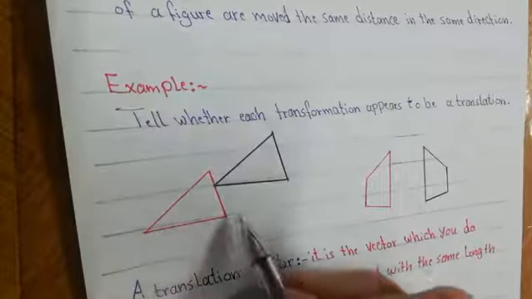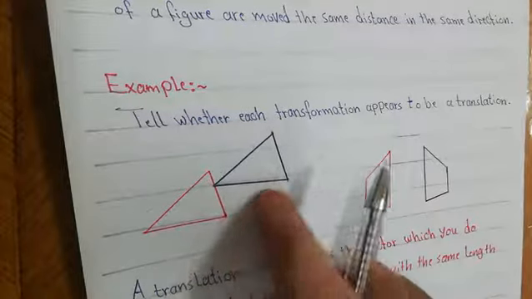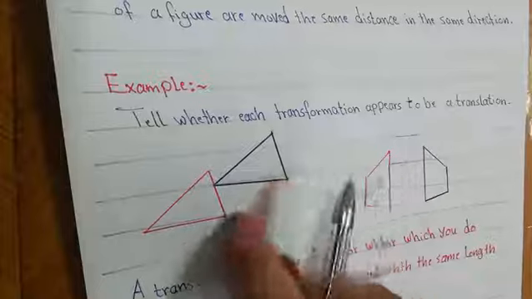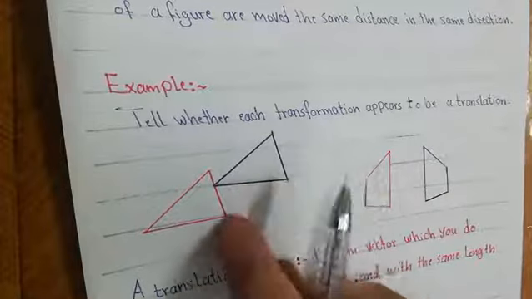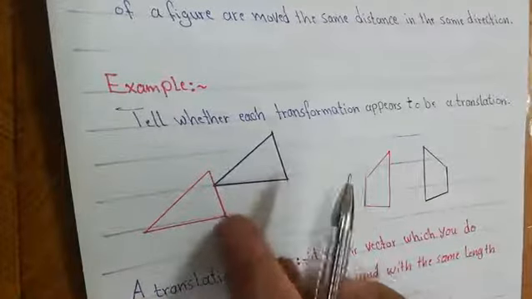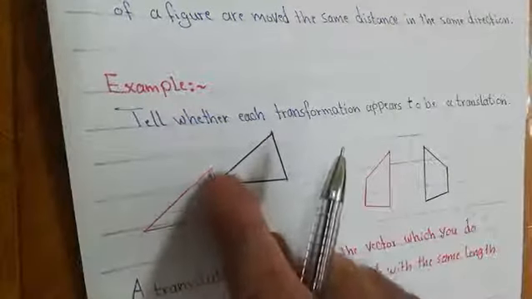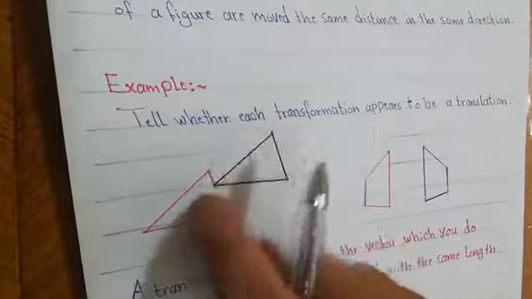You can find the distances from this point to this point, the length of this line segment. Connect this vertex with this vertex, and this vertex with this vertex, and find the distances.